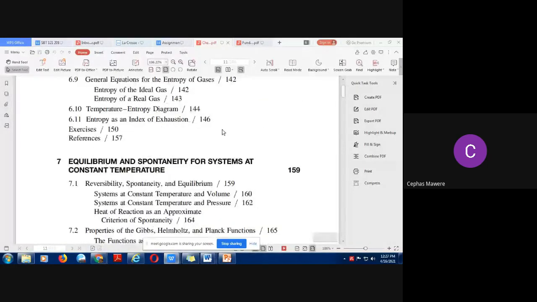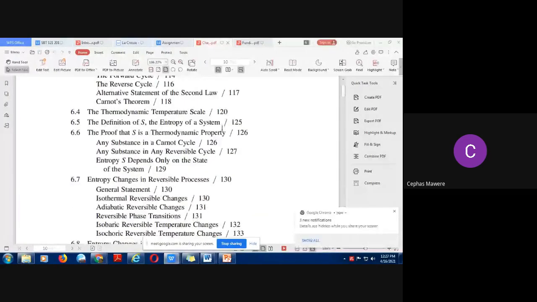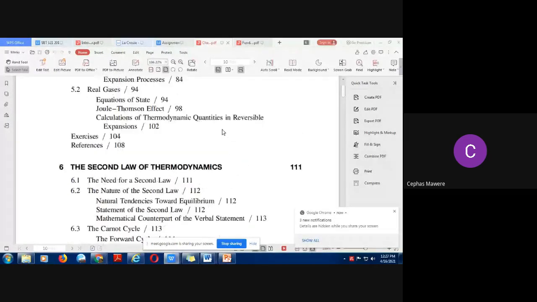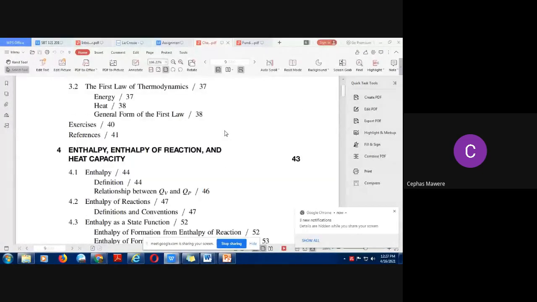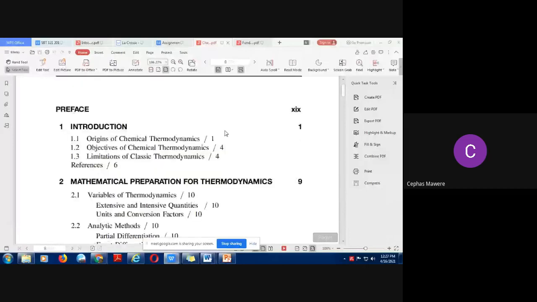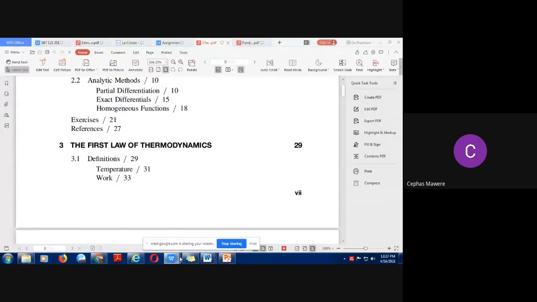But we'll try to filter the depth so that it remains applicable and relevant to our biological field. Okay, in that regard, it means that we are going to look at the different quantities, extensive and intensive quantities, different measurements, and the like.